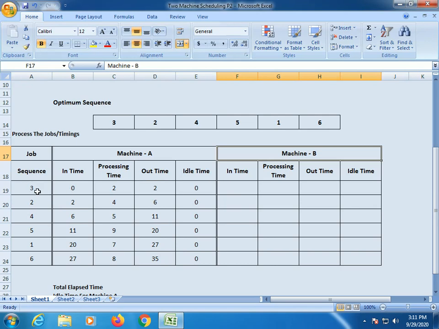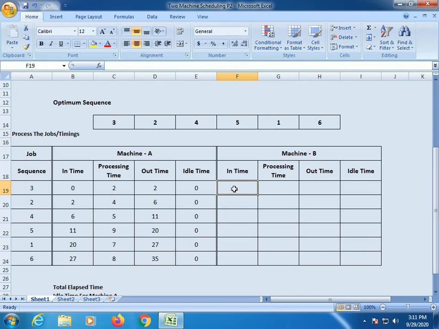So if we perform this third job on machine A, then we cannot forward this job to machine B at the same time. So first we have to perform the job on machine A, then we will forward that job into machine B.